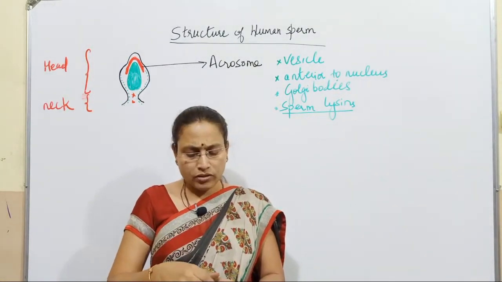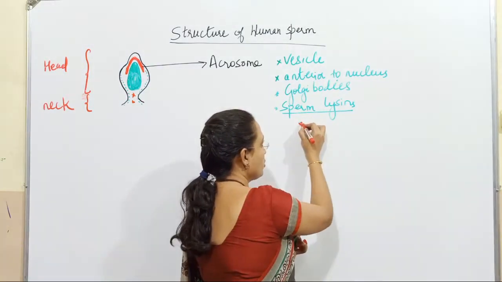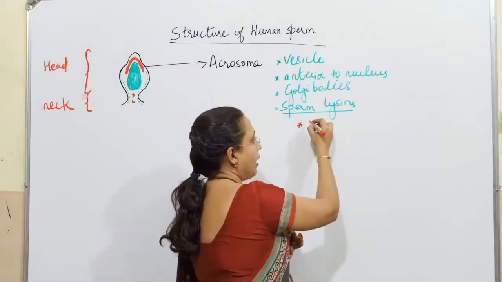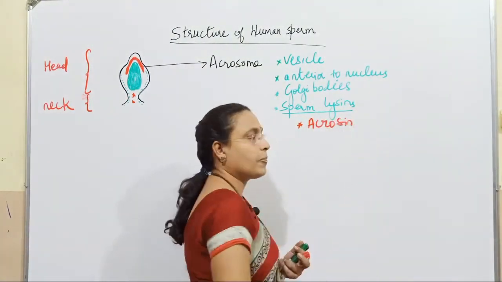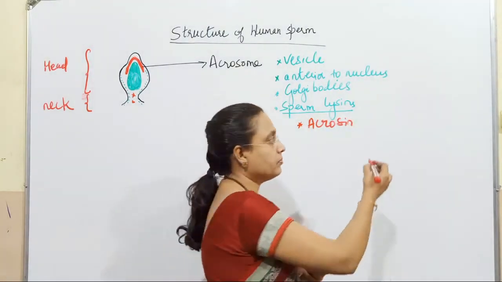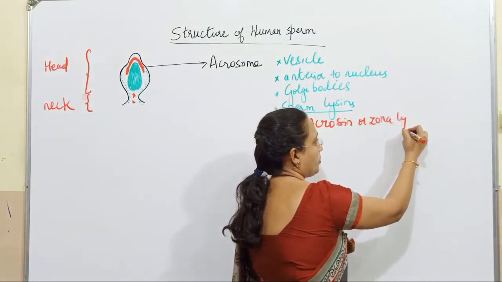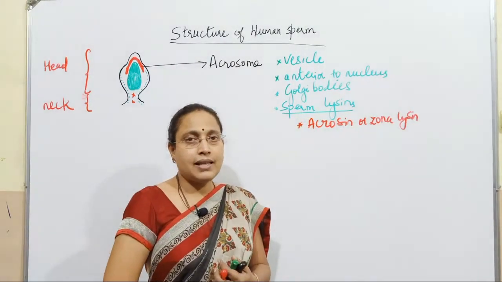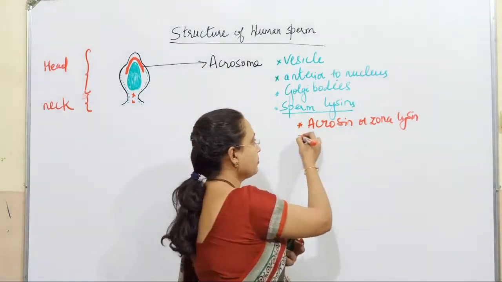Now there are three known sperm lysins. The first one is acrosin. It is also called zona lysin. The second enzyme is called corona penetrating enzyme.